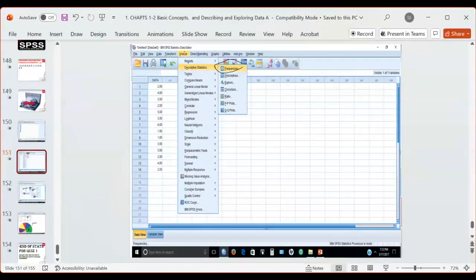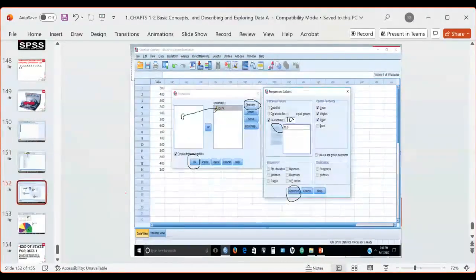And then again, same thing. You always go to analyze. You always go, in this case, descriptive. As long as we do descriptive research, you click on descriptive stats. And then this time we're going to do frequency. So you click on frequency. When you do that, same thing. You will see right here, it says data.